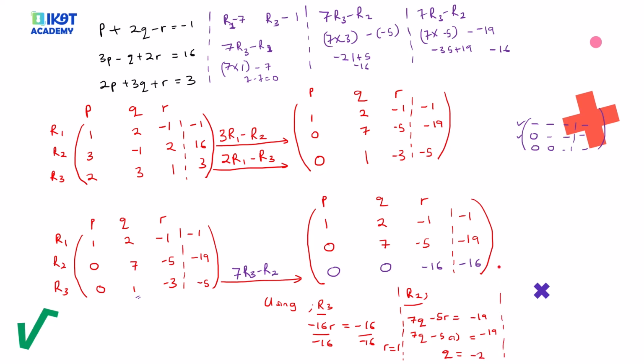Remember, we've seen that the first row is unaltered, so we can just pick it as P plus 2Q minus R is equal to negative 1. So we substitute: P plus 2 times negative 2 minus 1 is equal to negative 1. We get our value of P as 4. So to solve this equation, you can compare: in the video solving using substitution, we got the same answer.